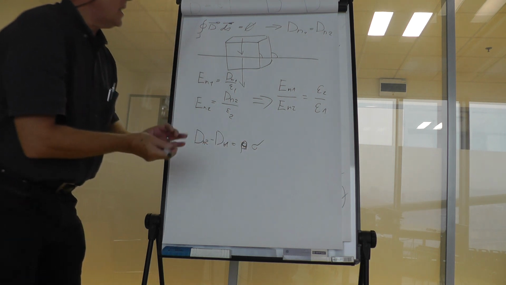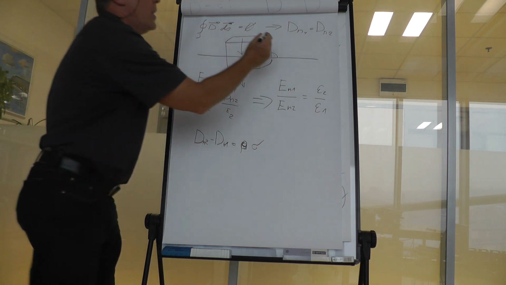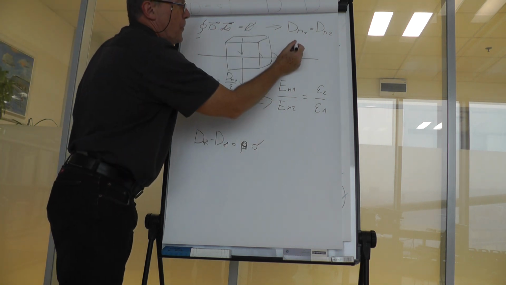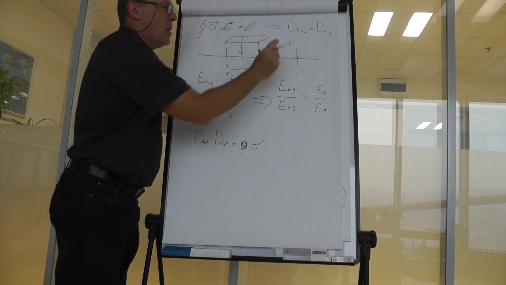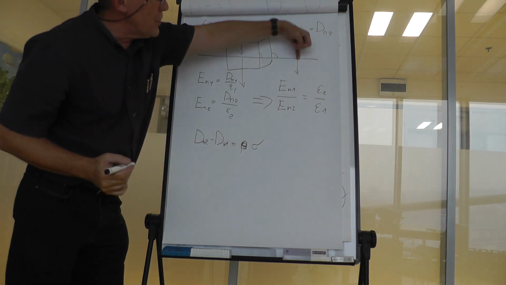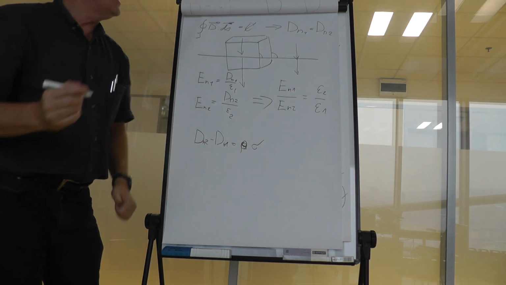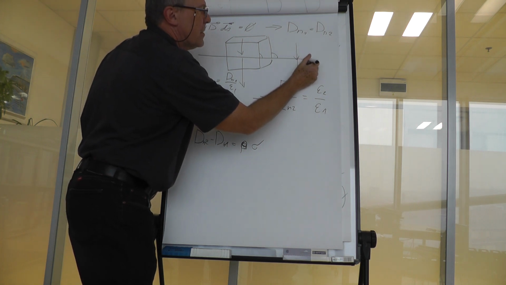Okay, let's look at that from a different perspective. So we have a field without a charge. There is the same component of D normal upstairs and downstairs. It just goes through the interface unchanged. Now we add there one small positive charge.